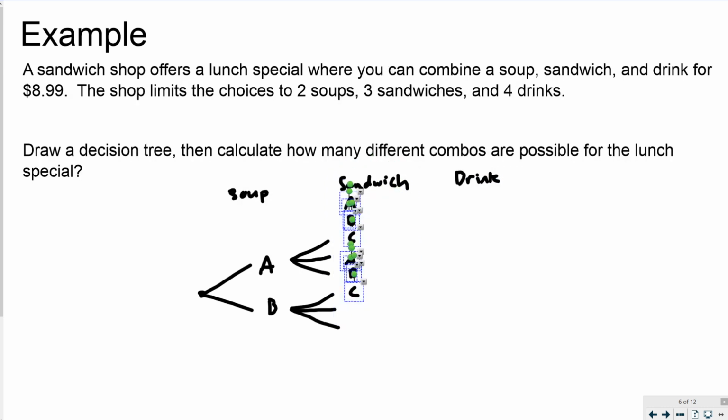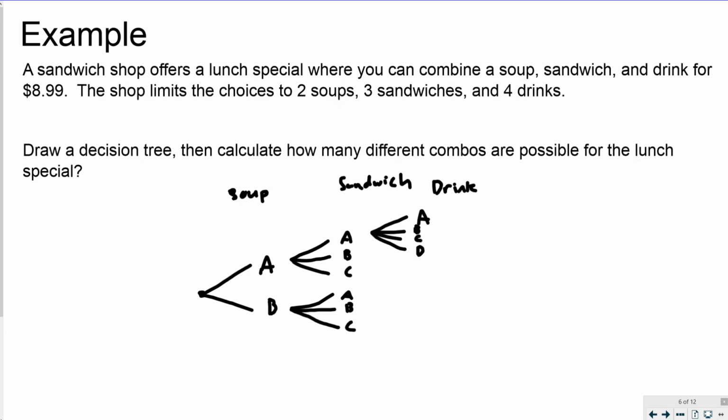The next thing off of A is there are 4 different drinks: drink A, drink B, drink C, and drink D. You can already see that we have a ton of different choices. It's going to be the same thing coming off of B, off of C, and this way too. So there's going to be 4 here, 4 here, 4 here, 4 here, and 4 here.